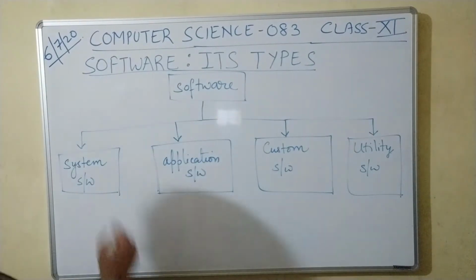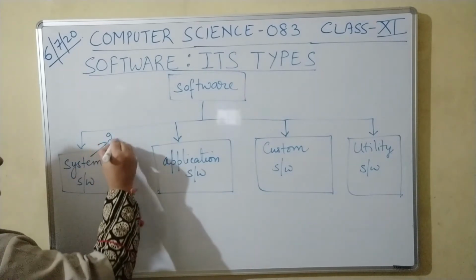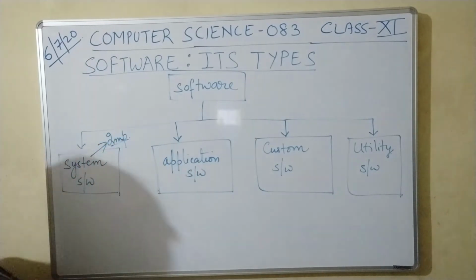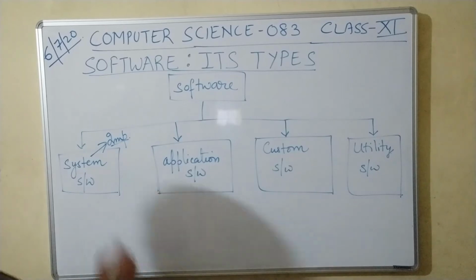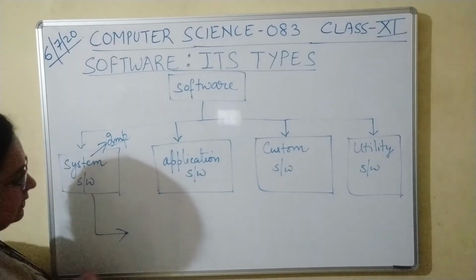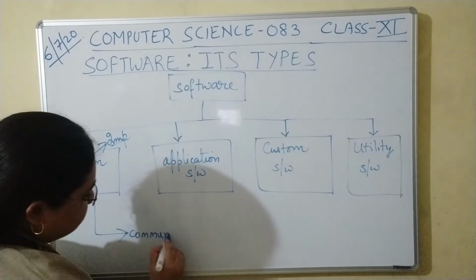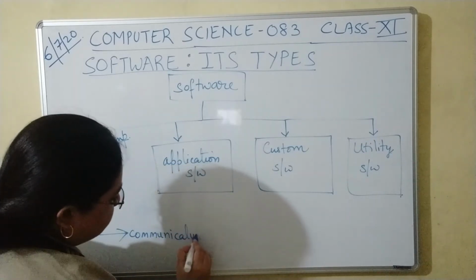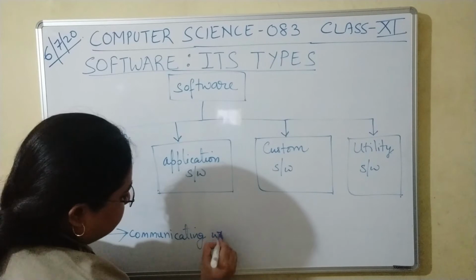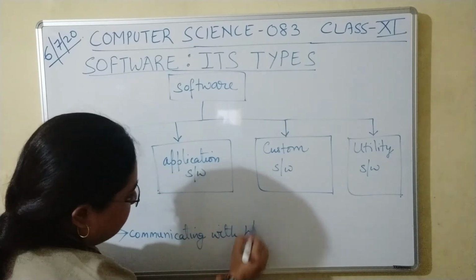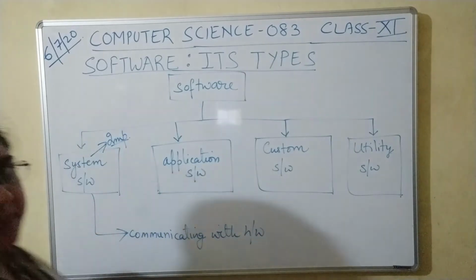Out of which the most important one is the system software. Why? Because a system software does the work of communicating with hardware. It communicates with the bare hardware of your device.